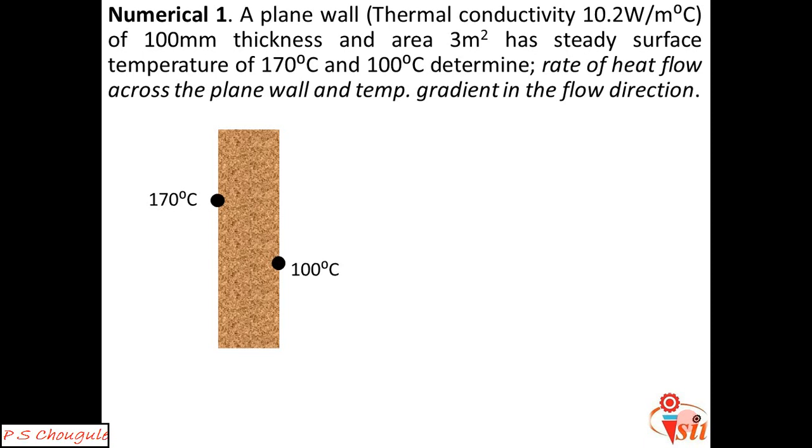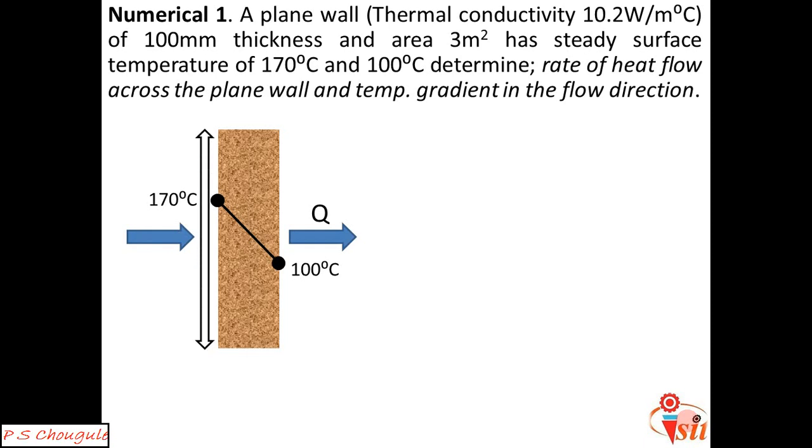That means heat will flow from 170 degree Celsius to 100 degree Celsius. Now by this we get the direction of heat. Let us say the heat flow rate is Q.